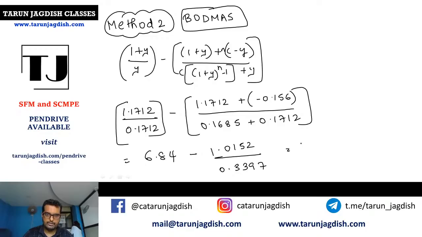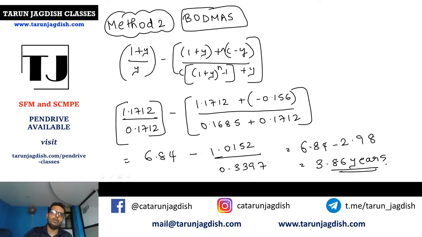Right? 1.0152 divided by 0.3397 is 2.98, so 6.84 minus 2.98 gives the answer as 3.86 years. Friends, is this not approximately the same answer that we got earlier?